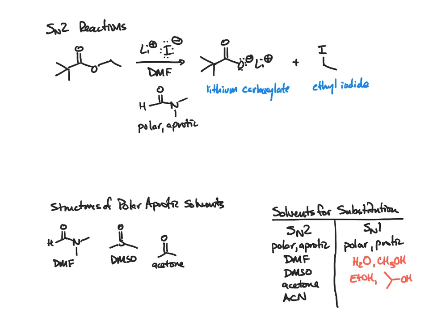ACN is acetonitrile. I'll draw that out so you see what that is. So there it is, acetonitrile. These are all polar molecules, but they don't have an OH or an NH bond in them.